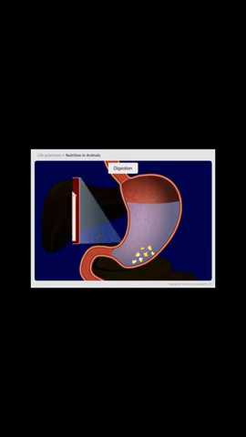The stomach wall contains tubular glands in its walls. The glands present in the walls of the stomach secrete gastric juice. The gastric juice contains 3 substances: hydrochloric acid, the enzyme pepsin, and mucus.